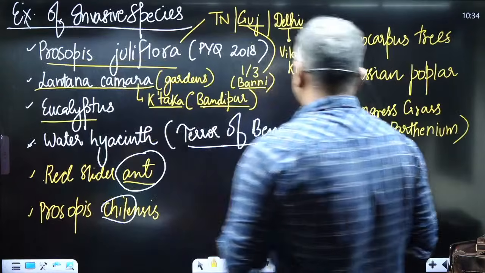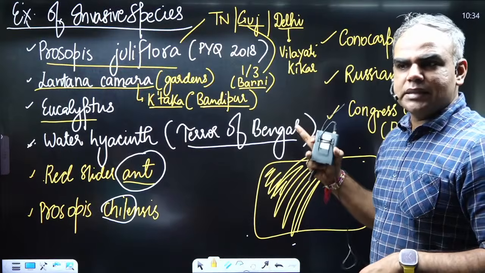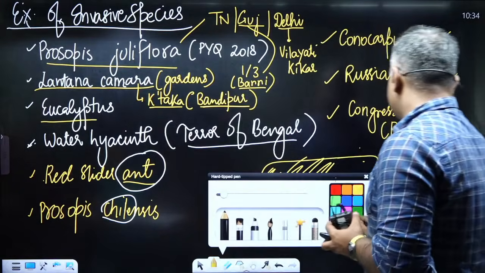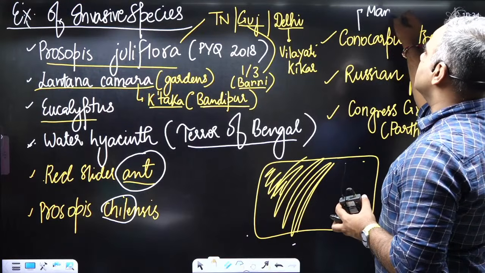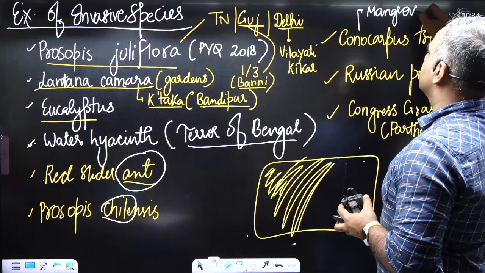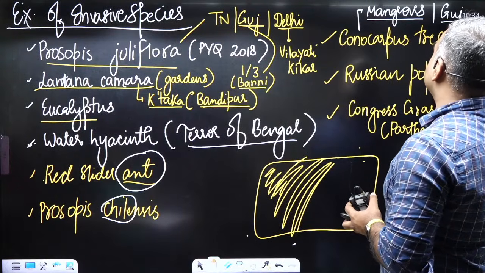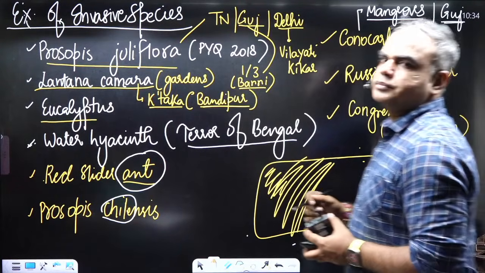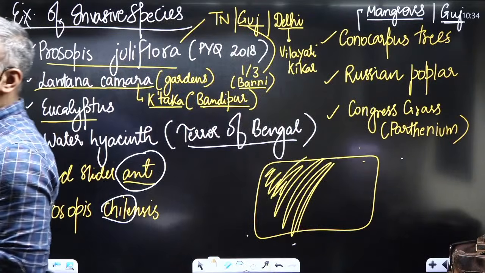Now, you have Conocarpus trees. This was also in the news. Just remember two things: these are mangroves, and very recently the Gujarat government has banned them, so they will not now be used in plantations. So what are these Conocarpus trees?